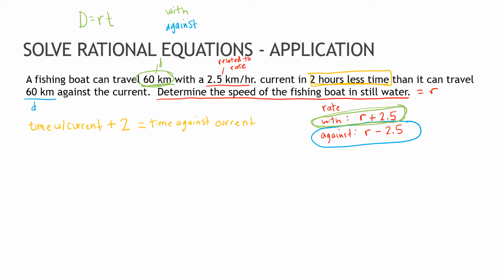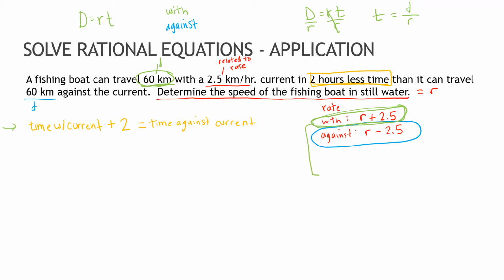Do I know a time? Well, no, because I'm trying to solve for time, right? So what I'm going to do is take my D equals RT, and I really want that to be time. I want it to be time equals. So if I divide each side by R, that gives me T equals distance divided by rate.